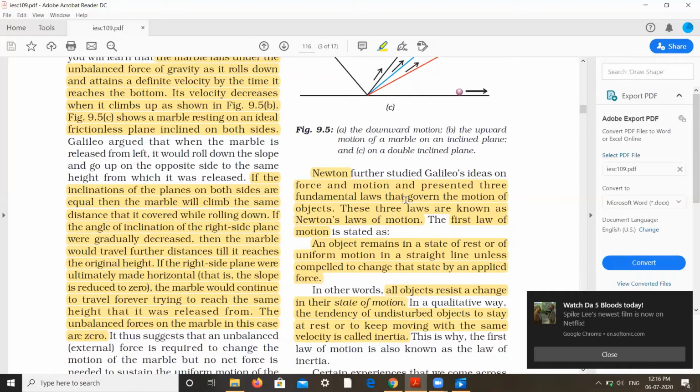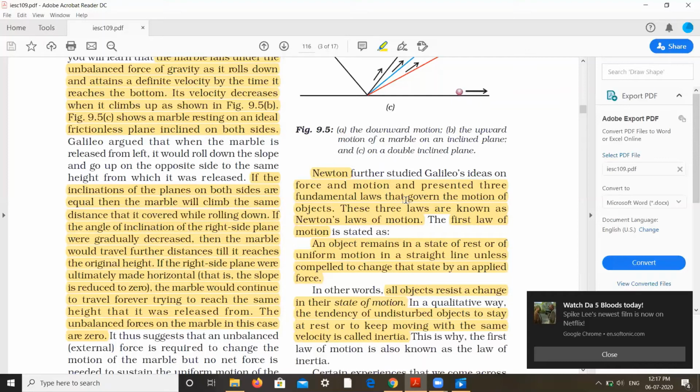First of all, we have to go through the first law of motion, which states that an object remains in a state of rest or uniform motion in a straight line unless compelled to change that state by an applied force.